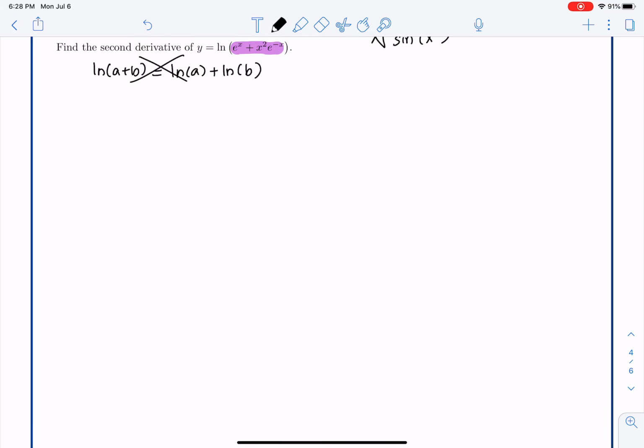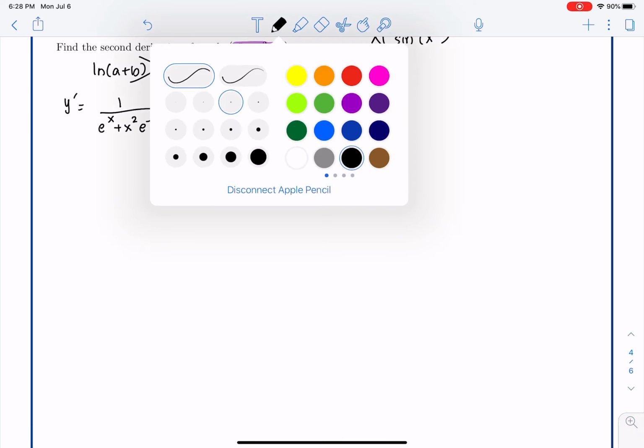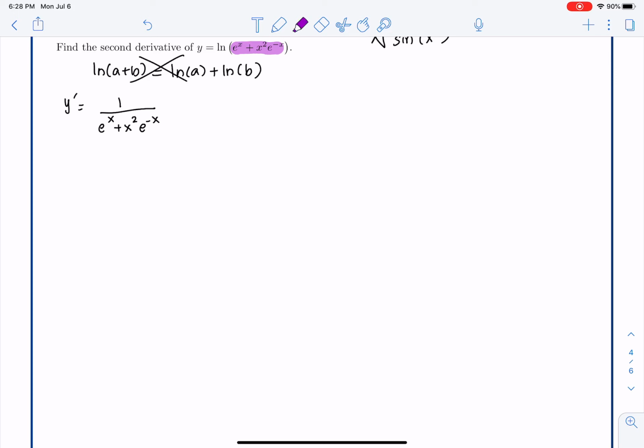So how do we find the derivative? We have a function within a function. So we're going to treat the shaded part that is inside the logarithm as x. So the derivative would be 1 over e raised x plus x squared e raised negative x, because the derivative of ln of x is 1 over x. So whatever I have highlighted there comes over here.